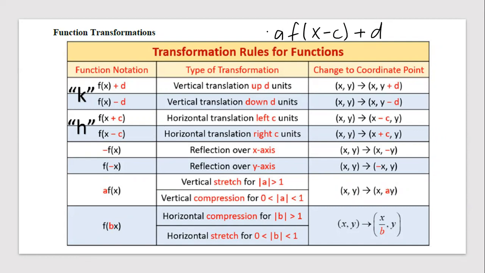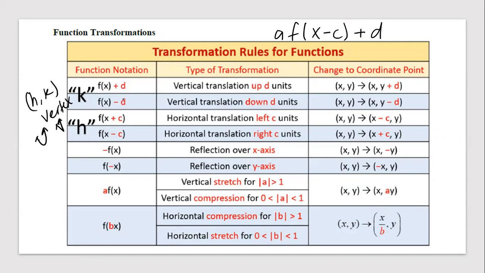Each one plays a role. Remember we had h and k because we talked about absolute values in quadratic, and h and k represented their vertex. So h and k represents the vertex of our quadratic in our absolute value. So that's why we wrote them in h and k.